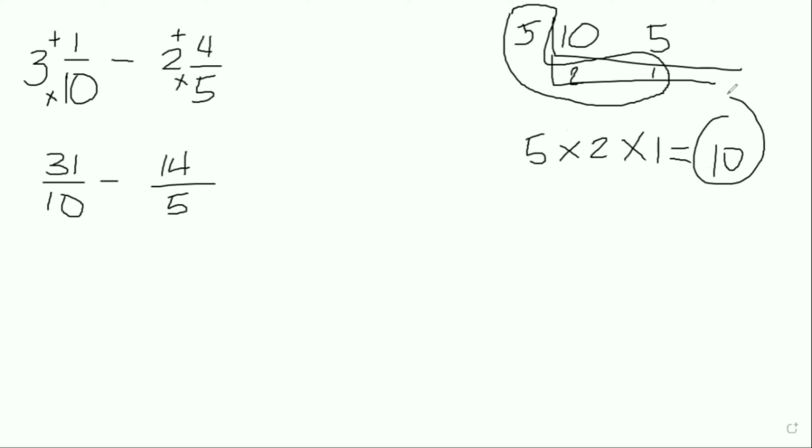So, therefore, the LCD of 31/10 and 14/5 is 10. So, i-rewrite natin dito yung ating bagong given, yung improper fraction na. And then, kagaya rin kanina, itatapat natin yan sa LCD nila, which is 10.